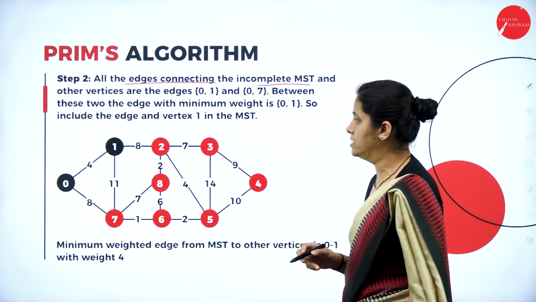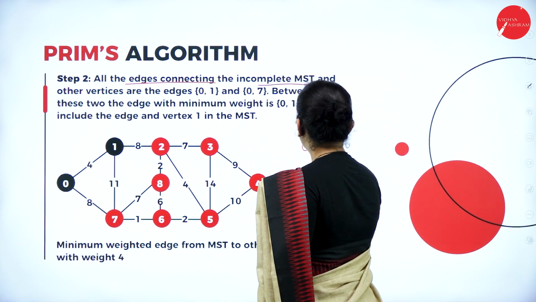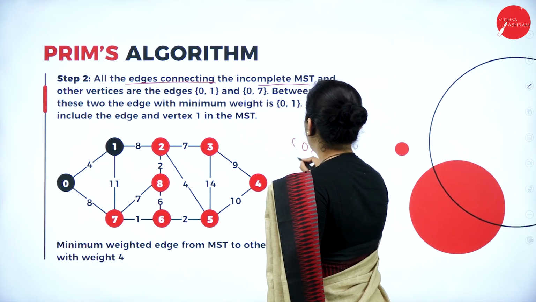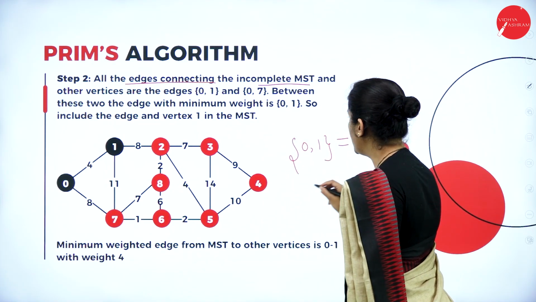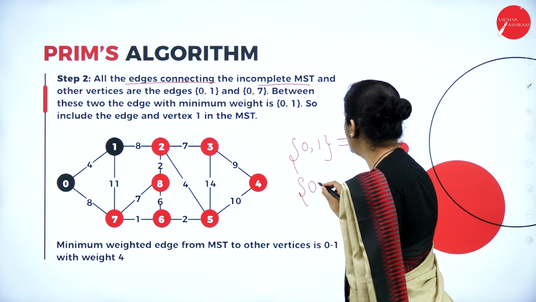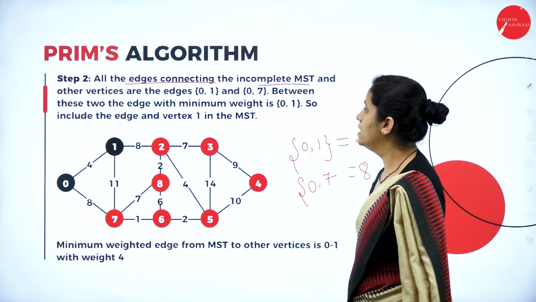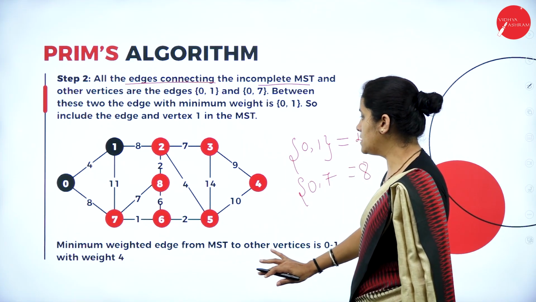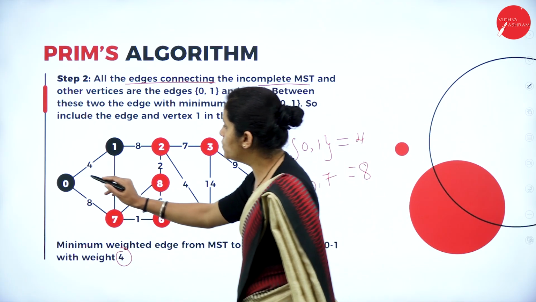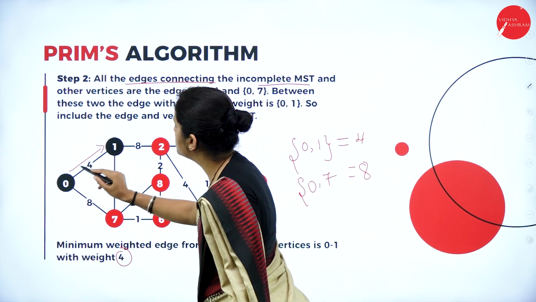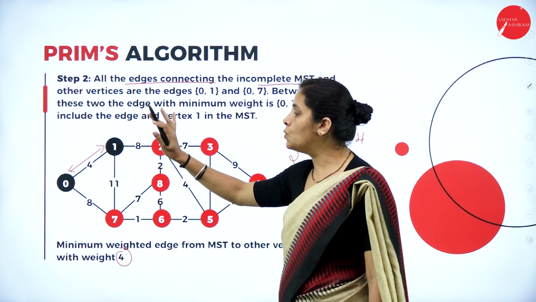If I consider 0 to 1, the weight is 4. And 0 to 7, the weight is 8. Which one will I select? I'll select the weight 4, so my edge here is 0 to 1.